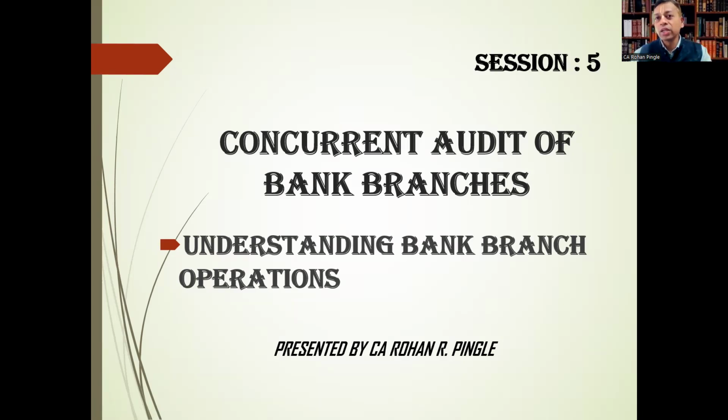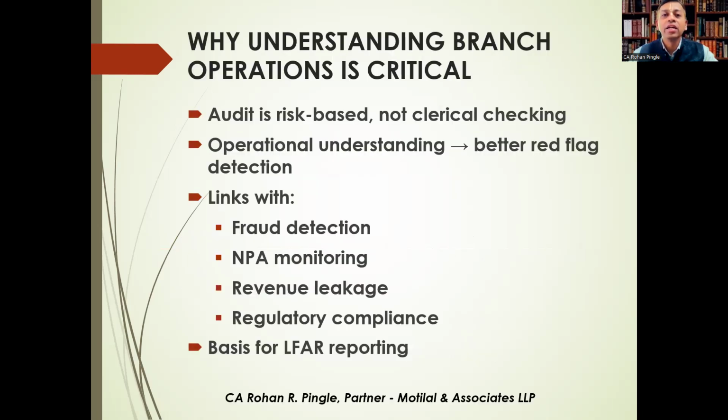To do this effectively, we must understand the nature of branches, technology backbone, that is the CBS, control architecture, closing procedures, and risk containment mechanisms. So this session builds our operational foundation. Let's start with our first slide.